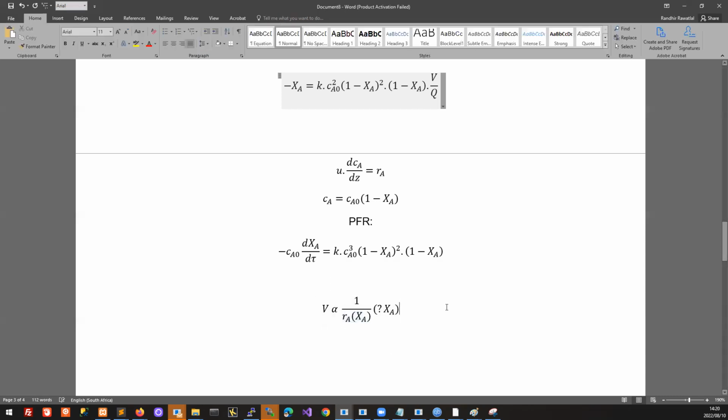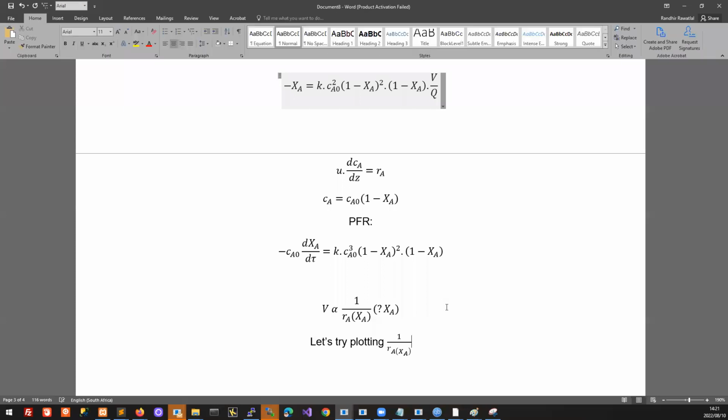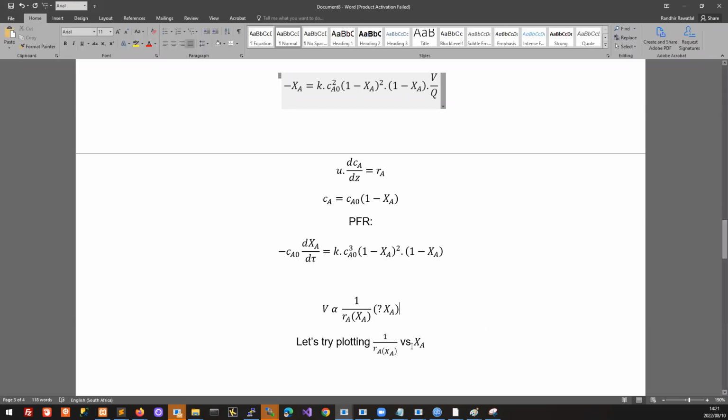So it looks to us, let's try plotting 1 over RA of X versus XA. Right, so that's a Levenspiel plot.